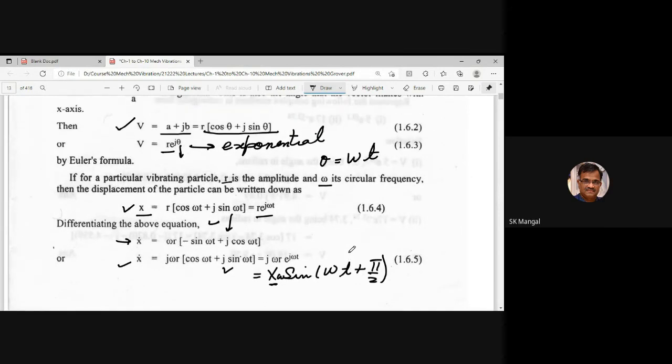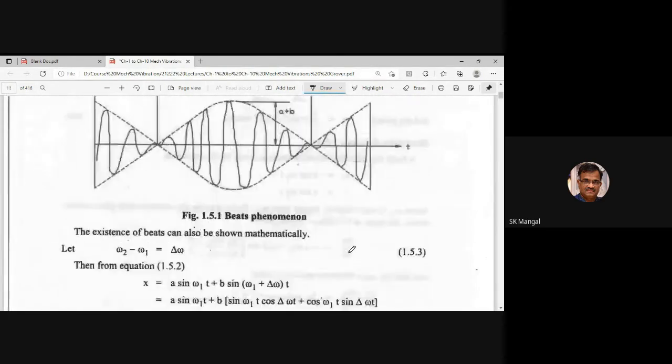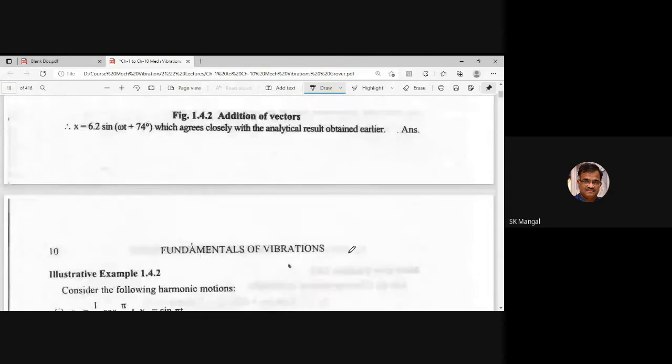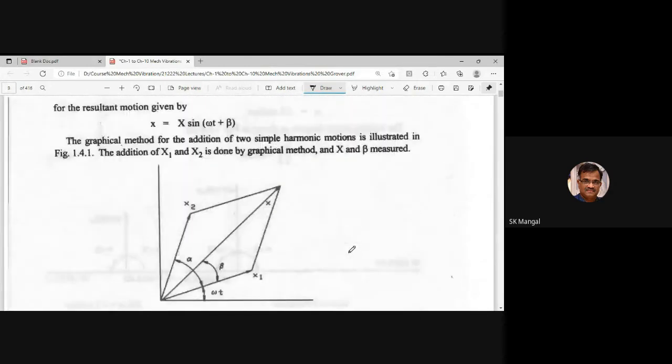Now let us come to a very simple article, that is the addition of two simple harmonic motions of the same frequency.